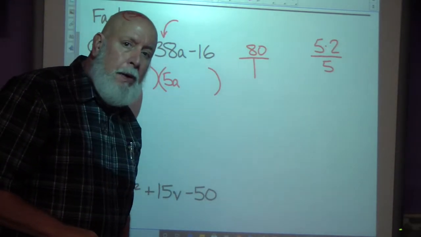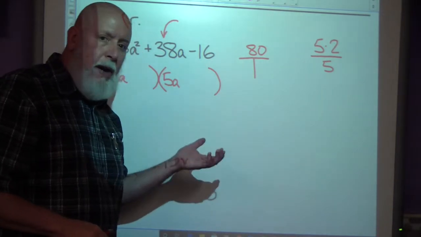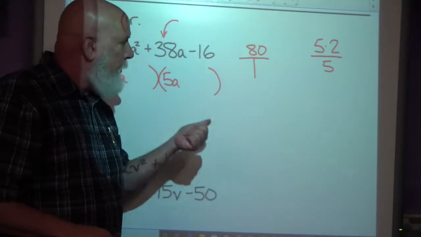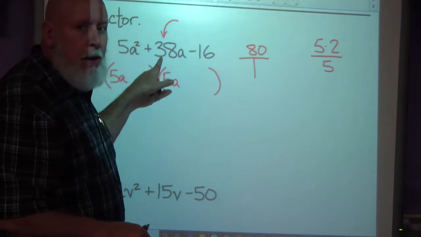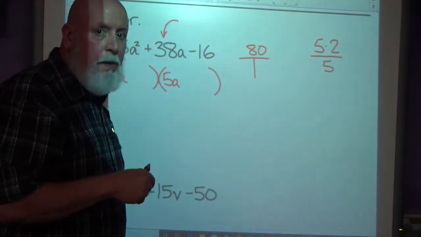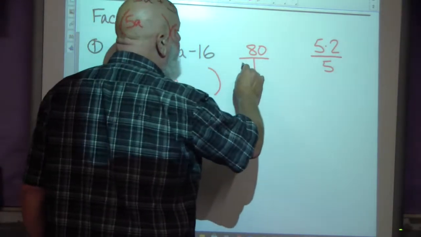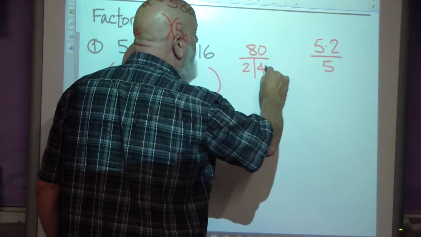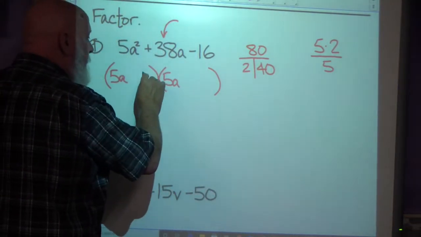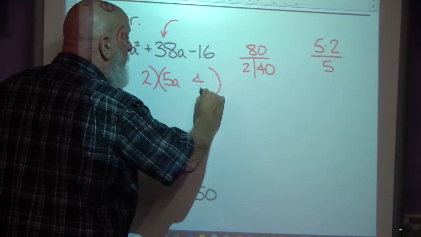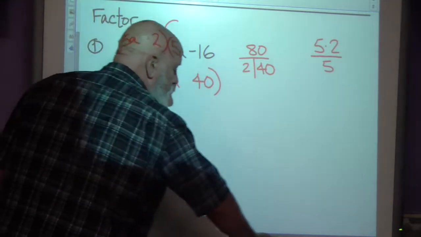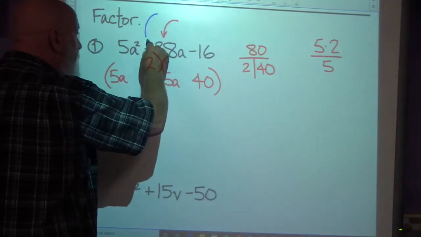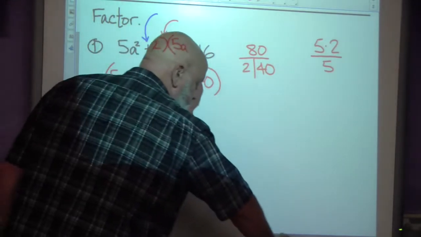Well, the first one that popped into my head, 80 is even, so I divided it by 2, and that gave me 2 and 40. And 2 and 40 will add up to 38 if one of them is negative. So I'm going to try 2 and 40. Doesn't matter where I put them. What matters is they have to add up to positive 38. They must add up to positive 38.